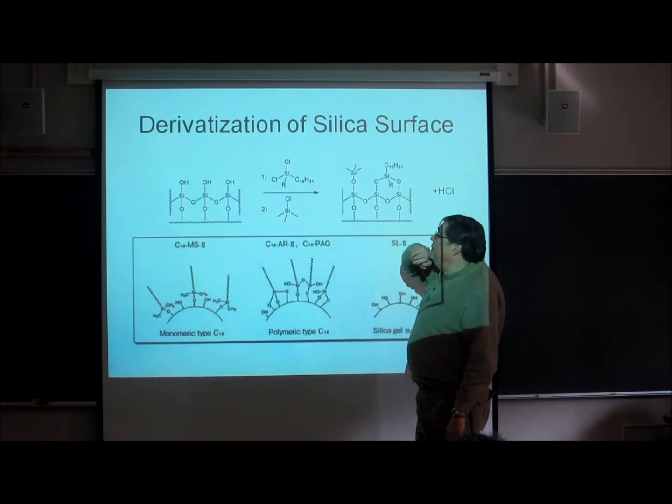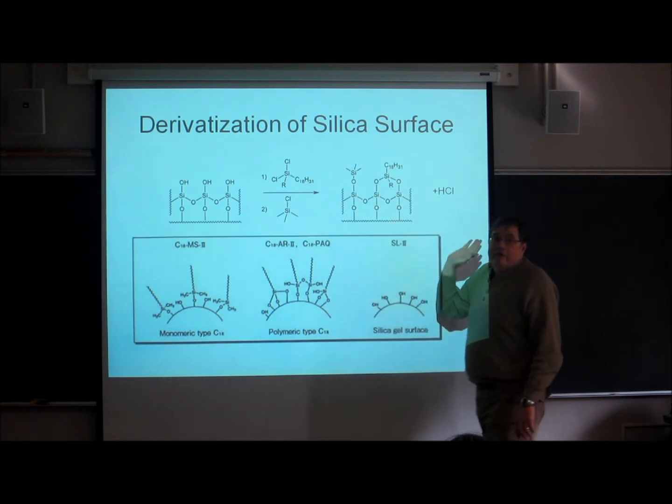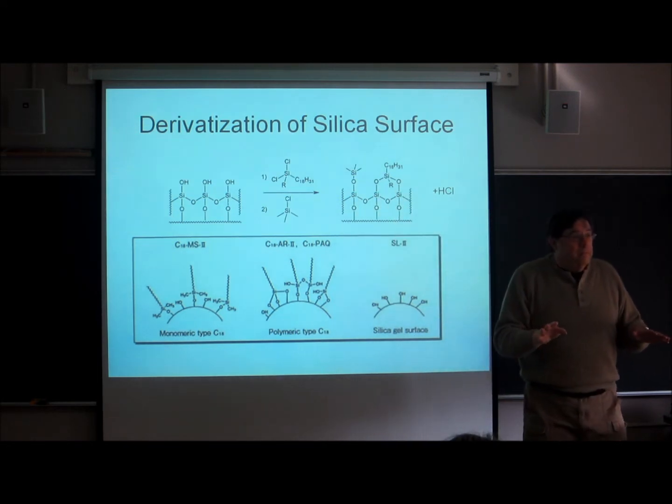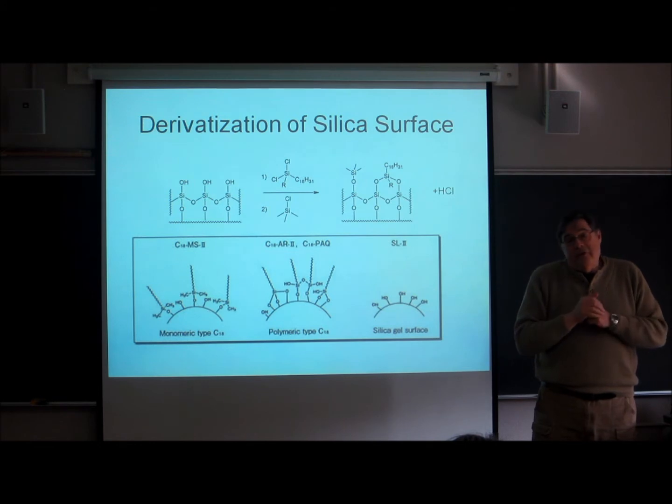Remember that for some of the best procedures, this first step will only be about 50% effective in covering spaces. So only about half of the active sites will be bonded to this, what we call bonded phase. And the other sites are still there as OH sites.